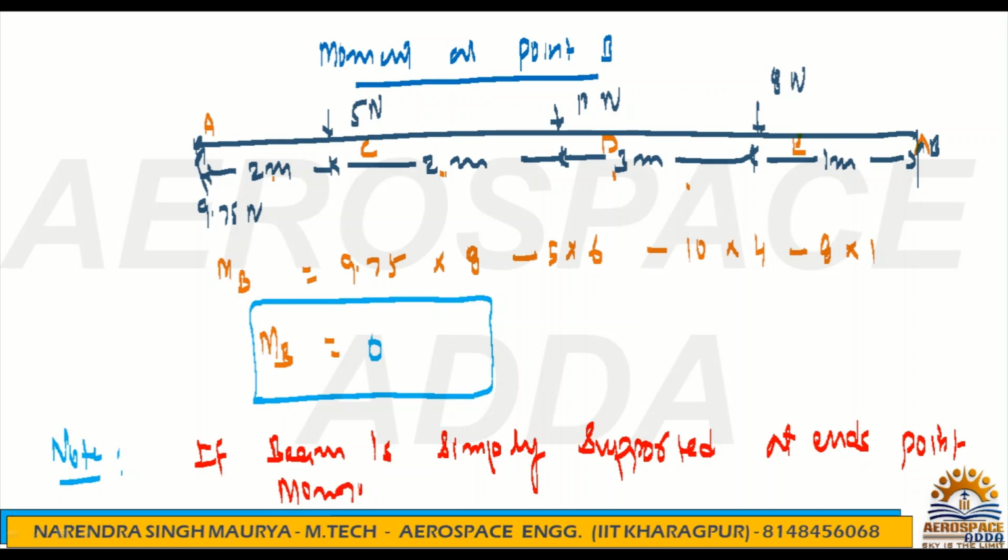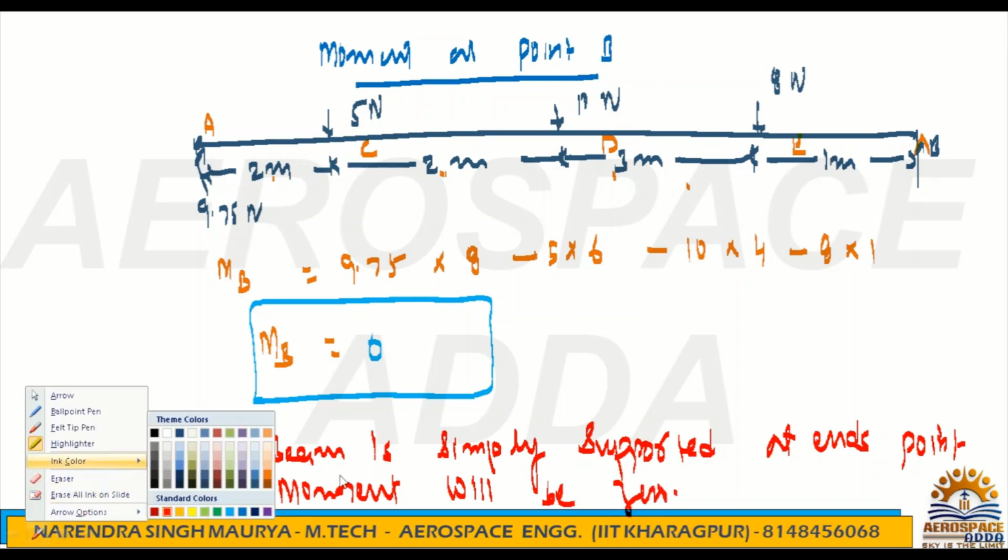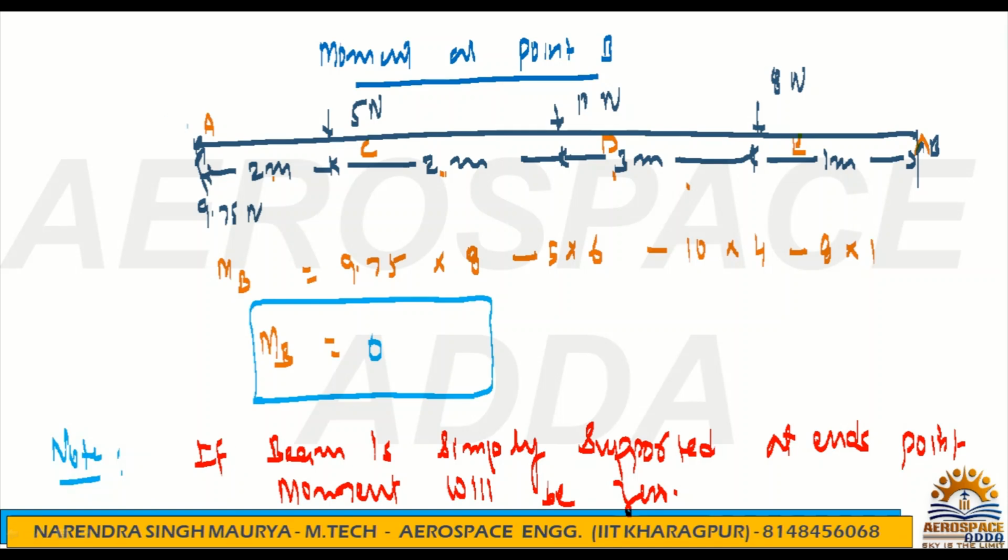So from now onward you can directly write that the end point moment will be 0. Here you have calculated it, but from now onward, if it is a simply supported beam, the end points, A and B, moment will be 0, because you have proved it here. So these two ends' moment will be 0. Now this is the note point, onward you can remember.